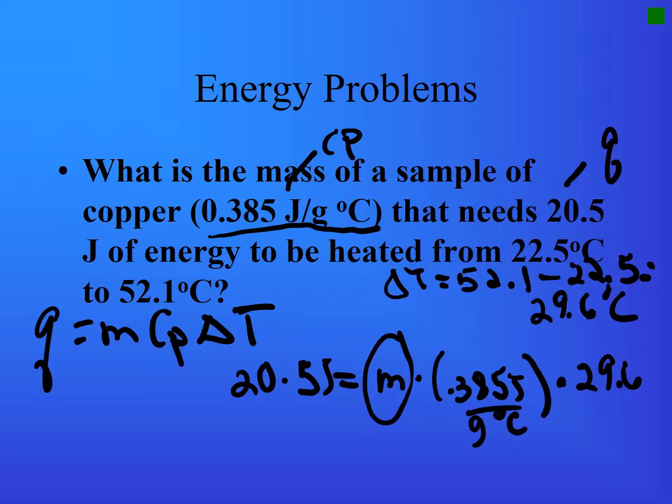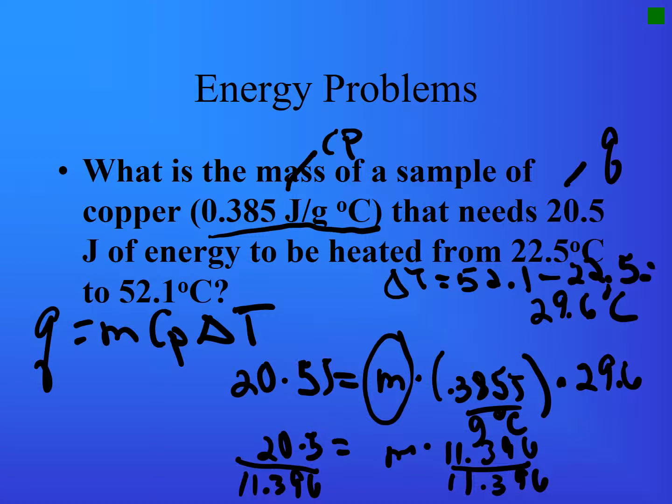I would wait until the very end to round. So 11.396 times m equals 20.5. I'm just doing this in case you're not sure about the math. I'm going to divide both sides by 11.396, and you end up with m equal to 1.7988.